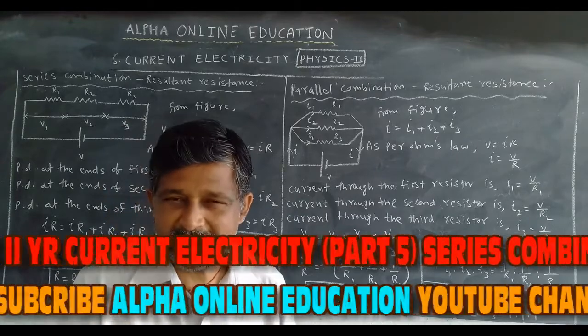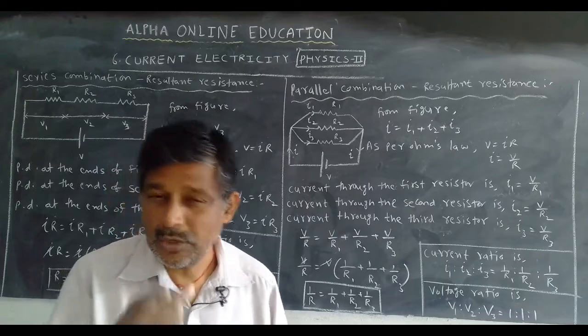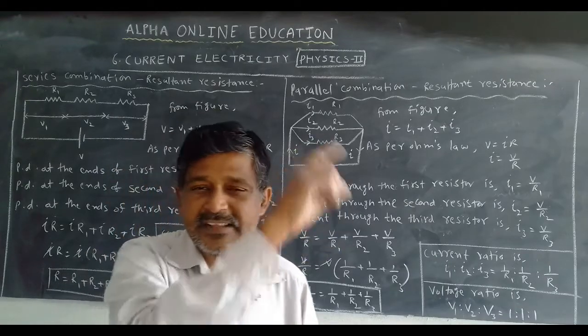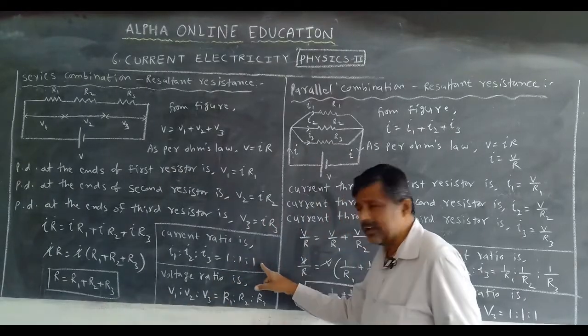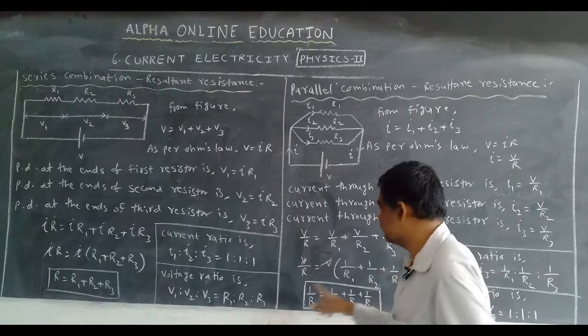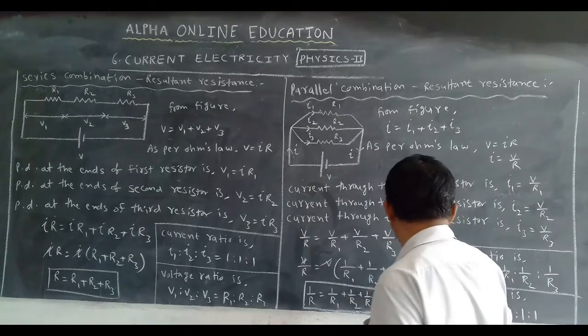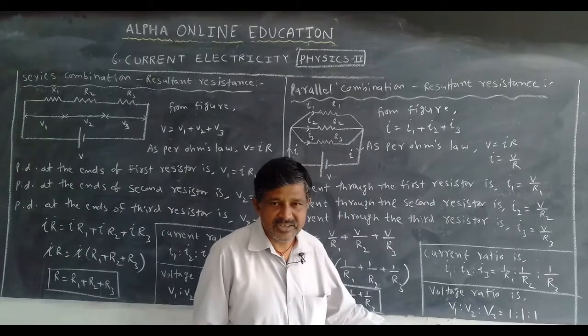But in parallel combination, it is opposite: voltage is same, current is different. Once again, in series, current is same, but voltage is not same. But in parallel, current is different, but voltage is what? Same.